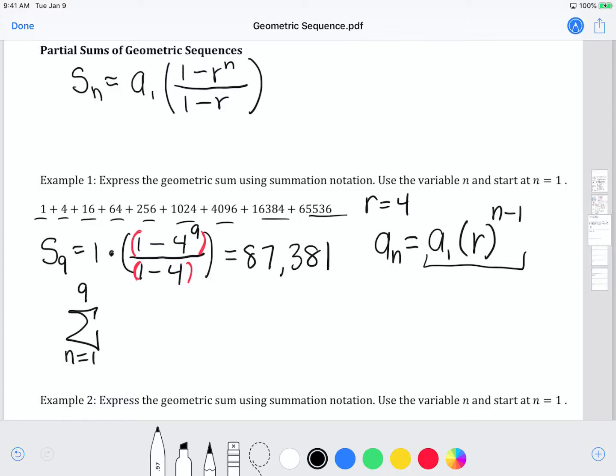So my a1 is 1 times r is 4 to the power of n minus 1. Now when you put this in on your calculator, we have 2 sets of parentheses. One that goes around the entire sequence, and then one that goes around our value of r. So make sure you put parentheses in the right places when you put that in on your calculator. When you do that, you should get the same answer, 87,381.